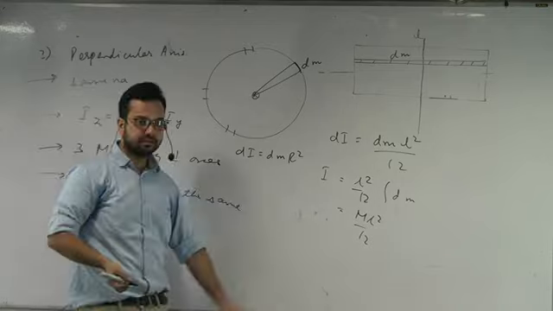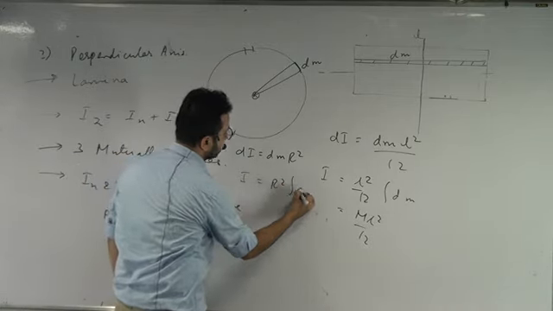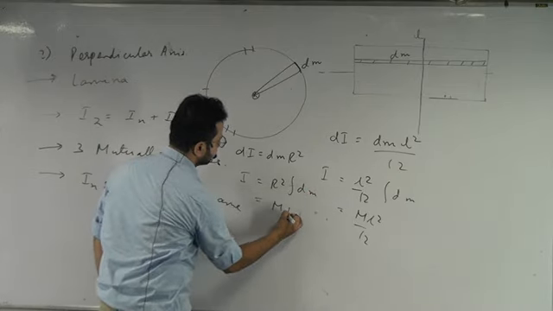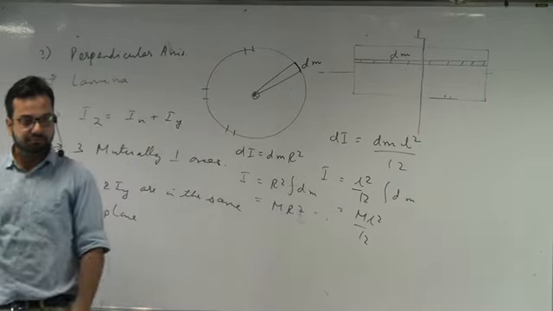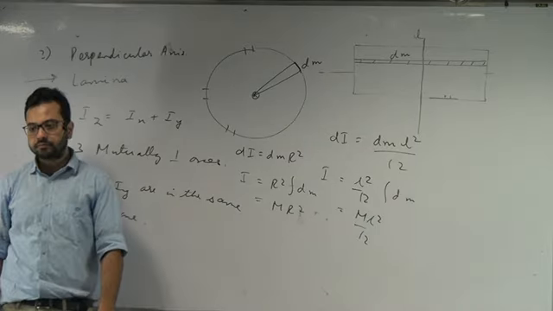So what is r? Constant. बाहर निकाल लो. So this becomes r square and integral of dm. तो ये कितना हो गया? mr square. खत्म. Is that clear? Any problem?